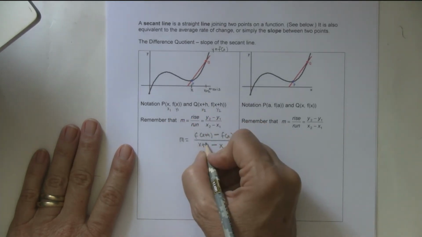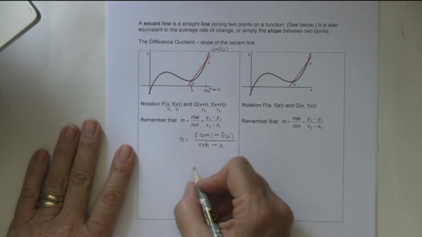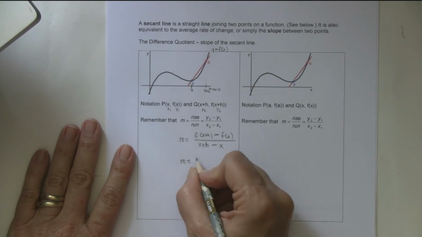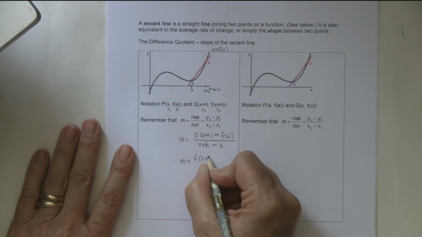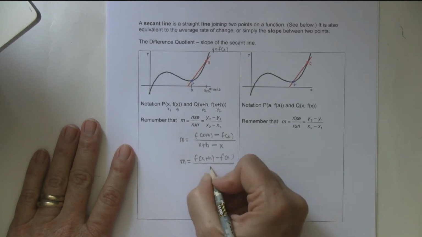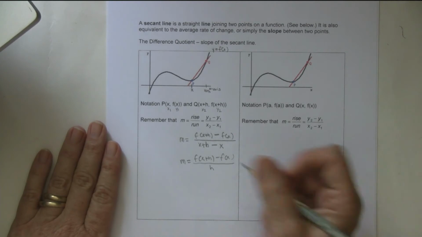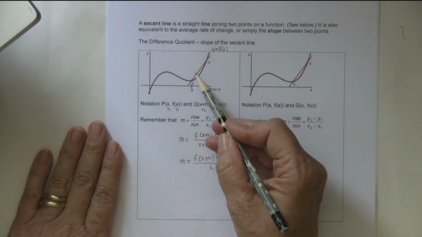And then long story short, x minus x is 0, so we just get h in the bottom, so the slope is f at x plus h minus f at x over h. And this slope is called the difference quotient, and it represents the slope of this secant line.